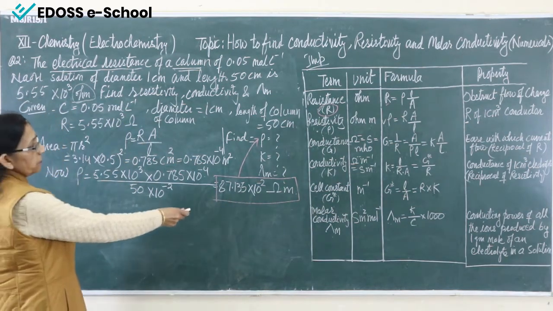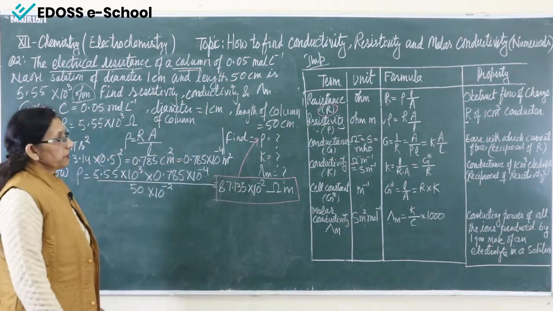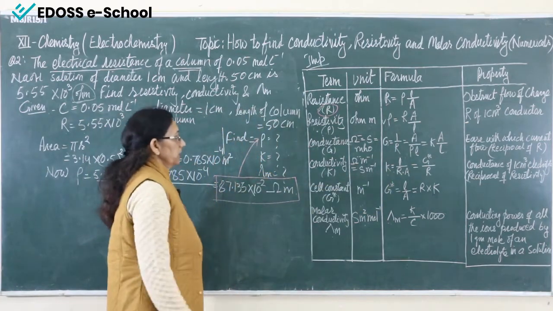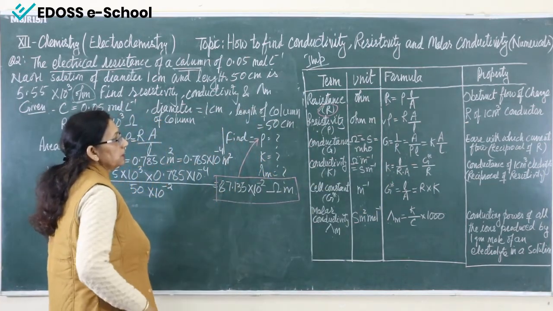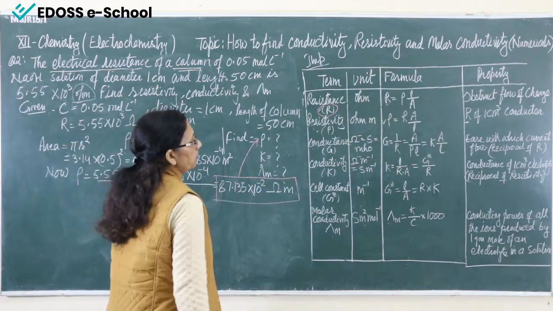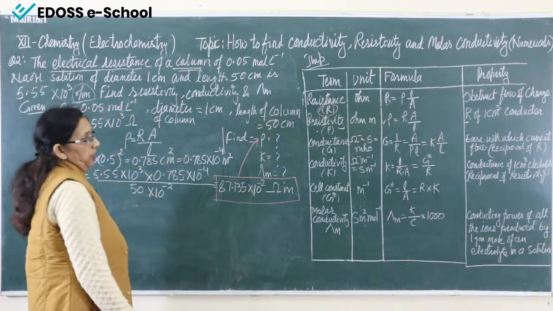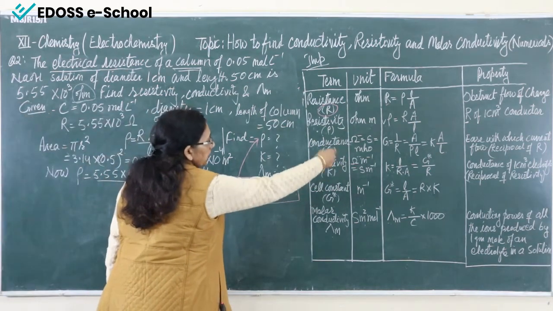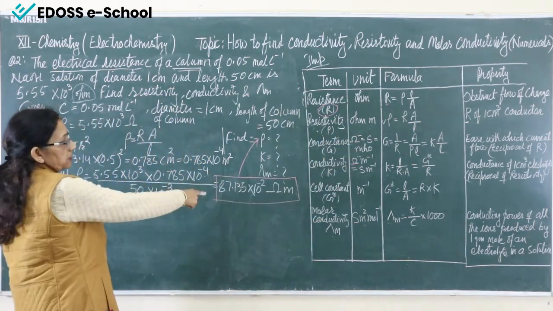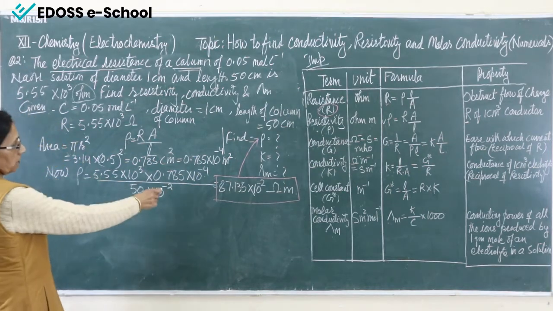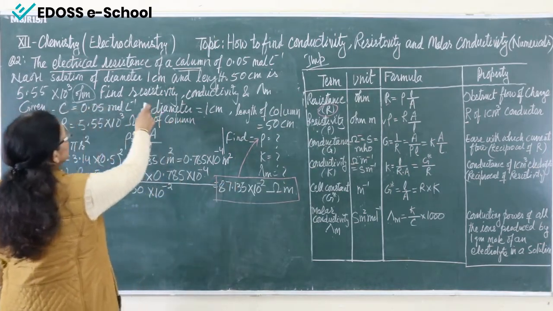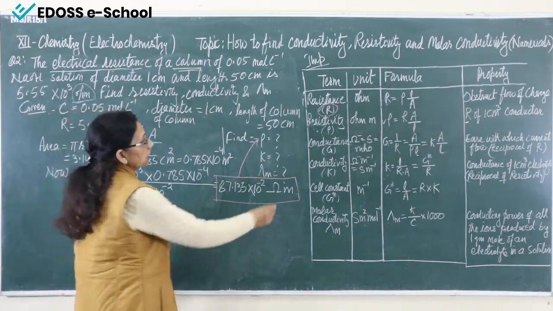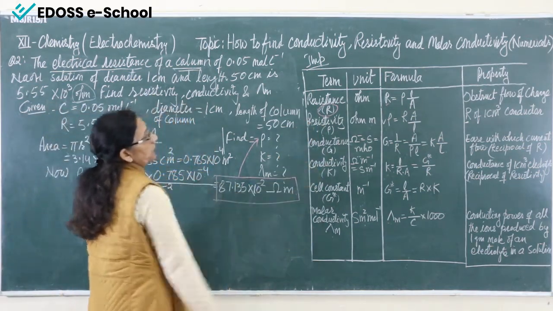Now we have to find K. For K, you can see here, K is L upon R into A. So now in place of calculating again, we can just take the reciprocal, because conductivity is the reciprocal of resistivity.